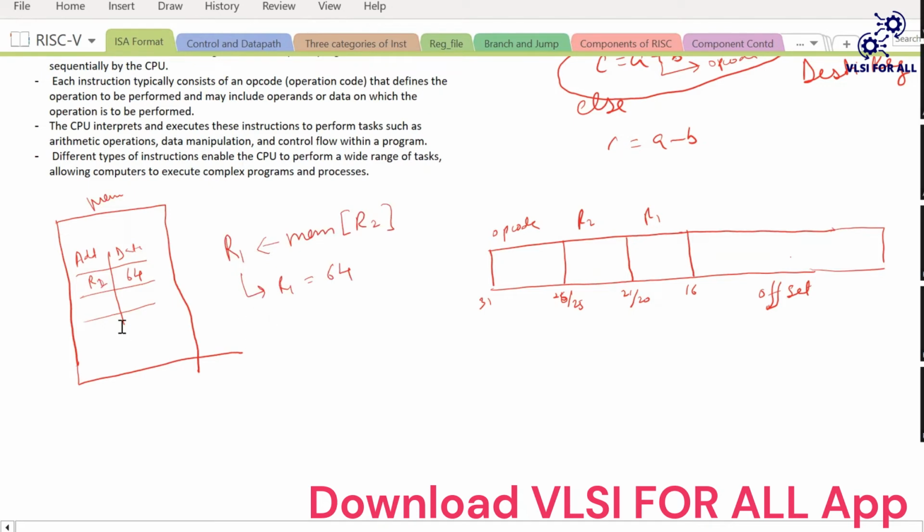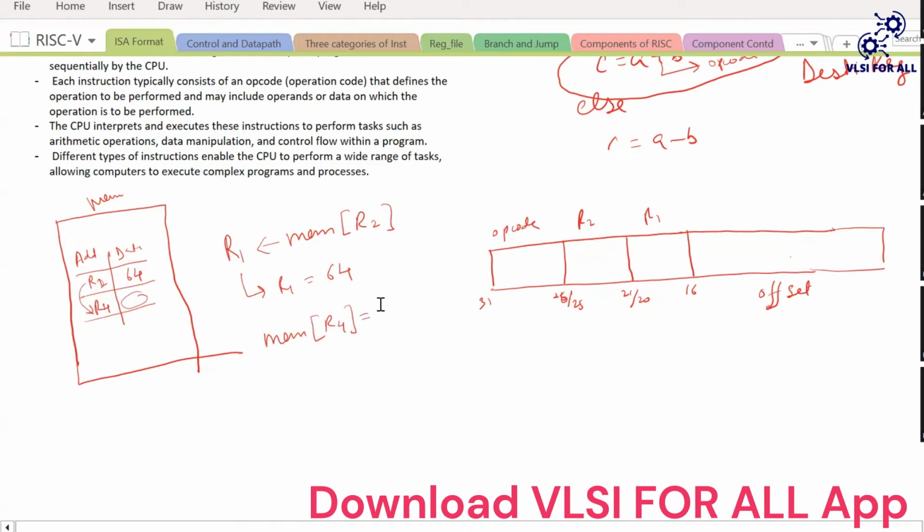Storing of a data, I'll show you. Let's say we have one more register, R4. Fine. And this is a vacant space. And we want to store the value of R1 in R4. So first we will access mem of R4.